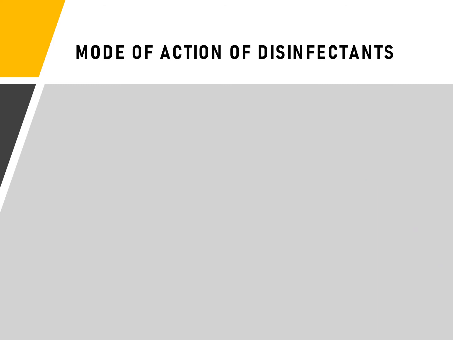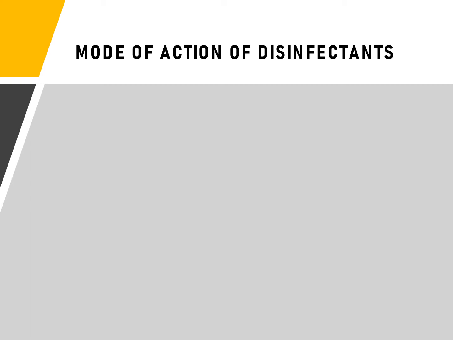The modes of action of our disinfectants were already mentioned somehow in the first part of our presentation, but let me tell you that these modes of action are important in destroying the microorganisms found on the surfaces of our working area inside the laboratory or even the surfaces found at home.